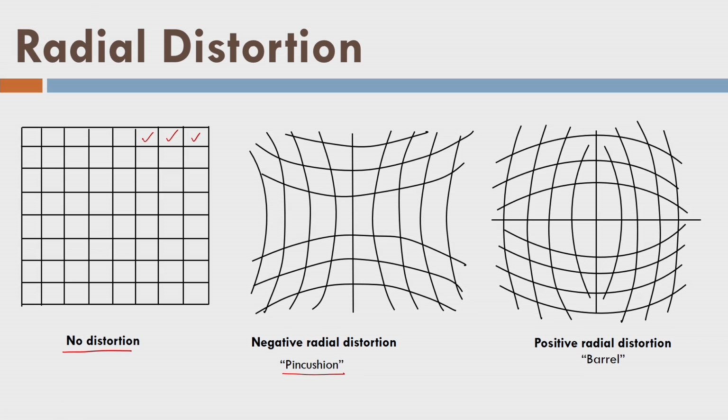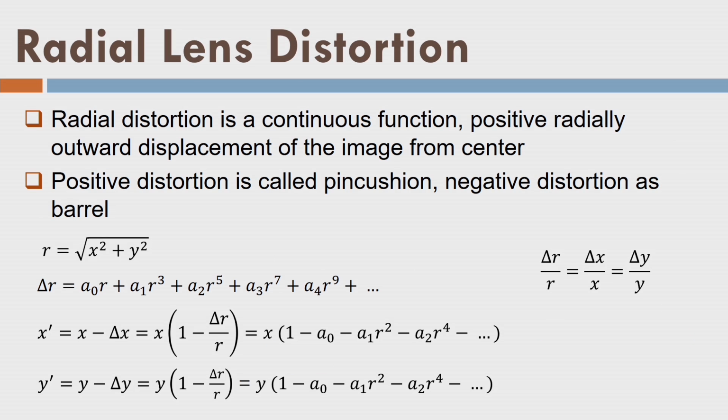Similarly, what about the positive one? So this is positive radial distortion. Because of the positive radial distortion, the straight lines will appear bulging out like a barrel, and that's why we call it the barrel effect. The radial distortion is given by a continuous function, positive radially outward. This is the location of the point, and the correction is given by this model, where all these are some known or maybe determined parameters.